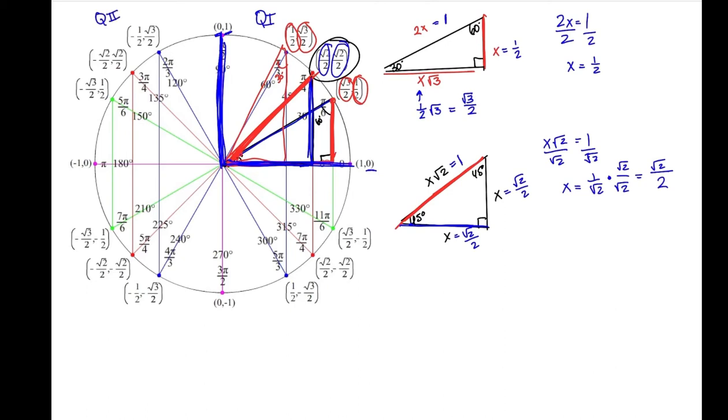Now, I have the same exact triangles, it's just symmetric about the y-axis, right? So I'm going to think about what I know about reflections. If I'm reflecting over the y-axis, my y values stay the same, right? These 2 points are at the same height, but my x values become negative. So that's all we're doing.